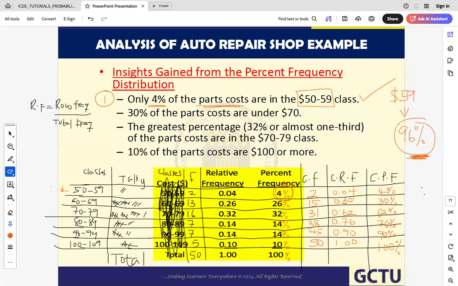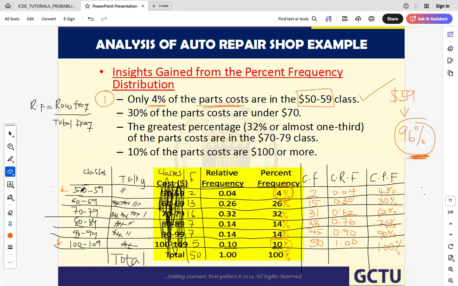Example, if I have invoices which are 10%, and the 10% is coming from amounts that is between $100 to $109, I should be happy, because for $100 to $109, I have 10% of the invoices having that.